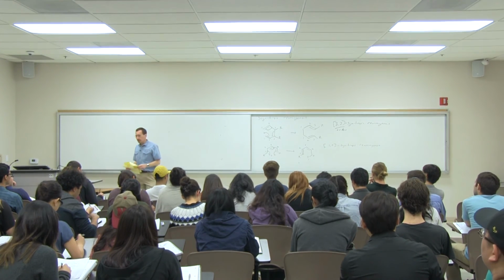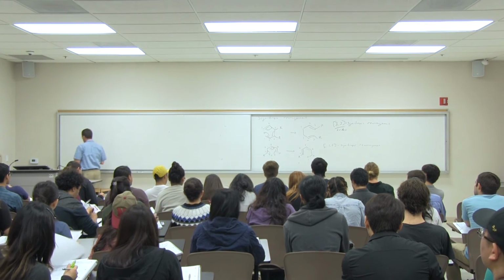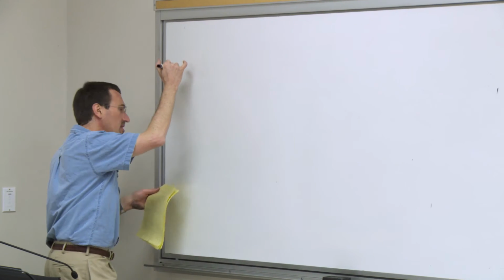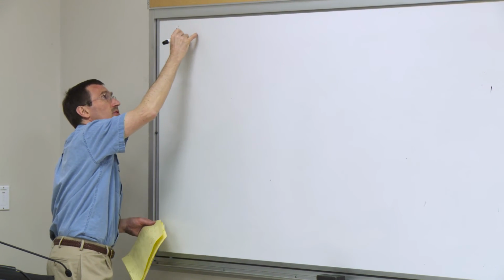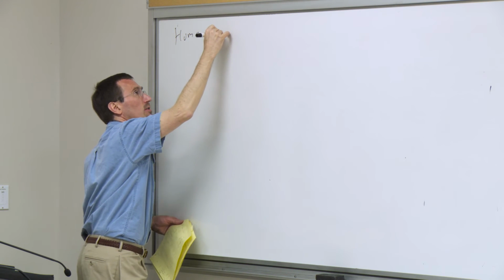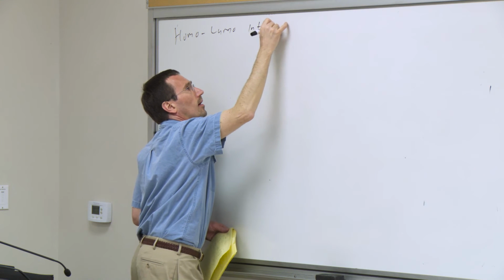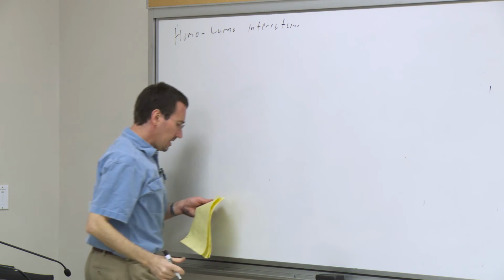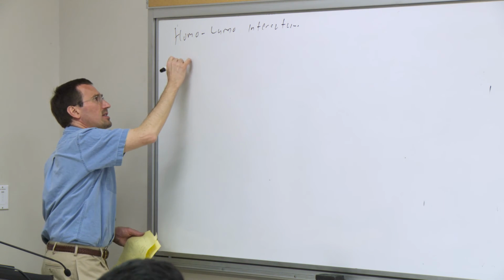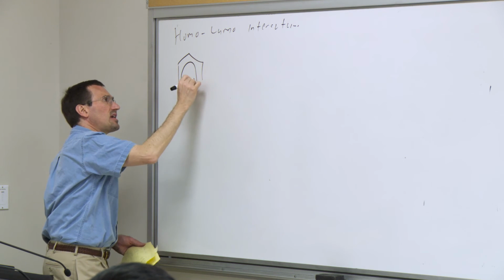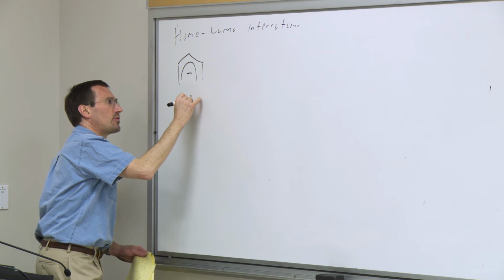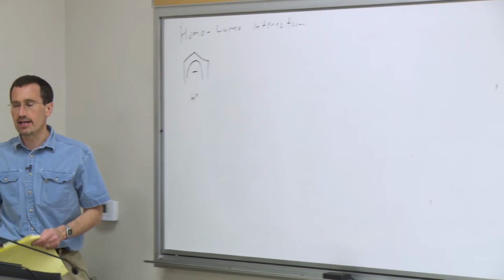All right, let's look at the orbital symmetry interactions. We can think of this again in terms of HOMO-LUMO interactions. And a good way to conceive of this is you can think of this as occurring through a pentadienyl anion and a proton.